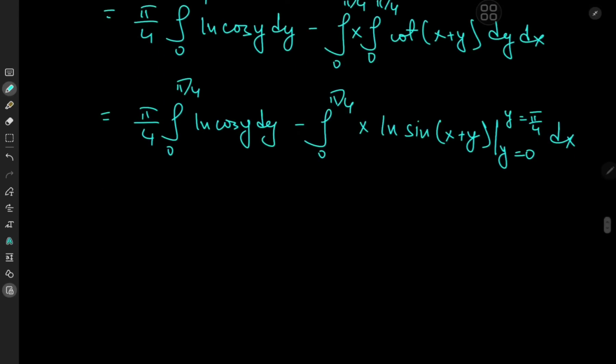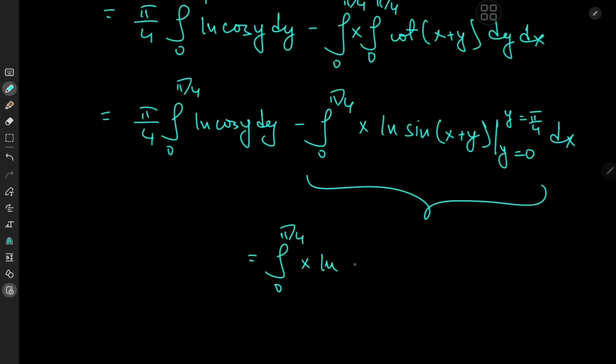Okay, cool. So let's just expand on this integral a little bit more. We would have the integral 0 to pi by 4 of x times log sine of (pi by 4 plus x), correct? Minus log sine x.